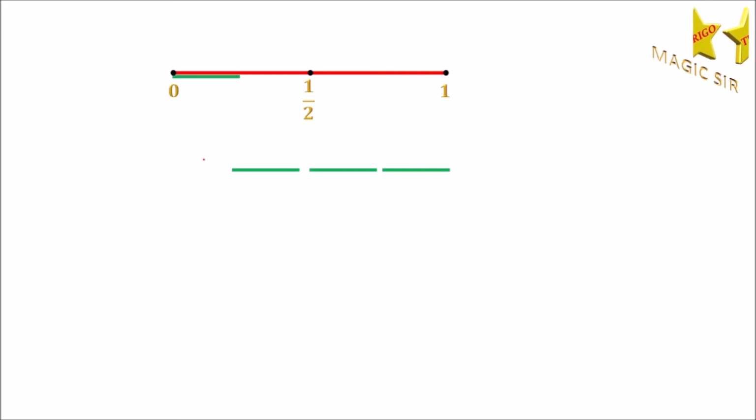So we can write here 1 upon 4. Joining the second part it is 1 upon 2. Joining the third part it is 3 by 4 and last it is 1.